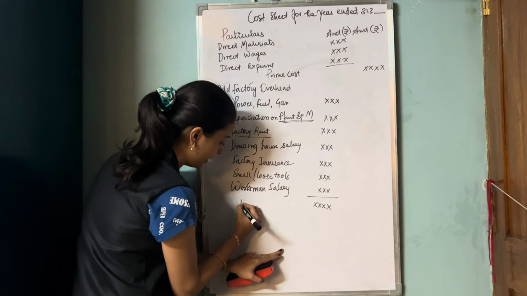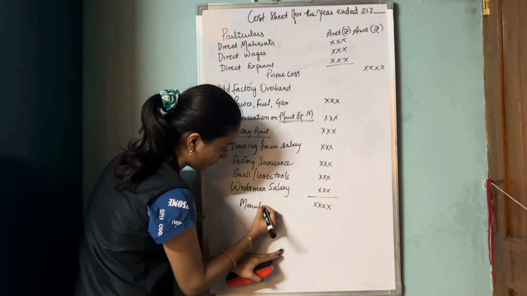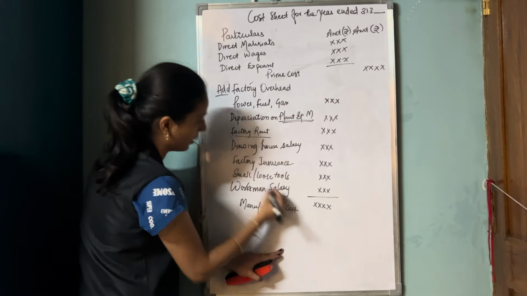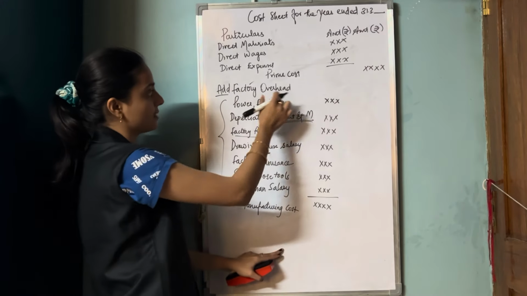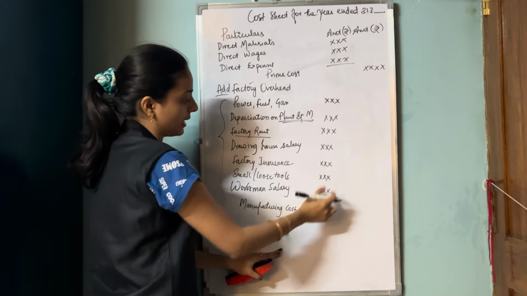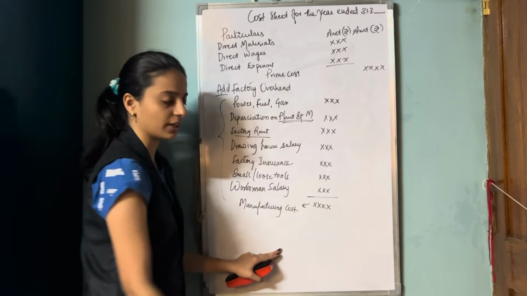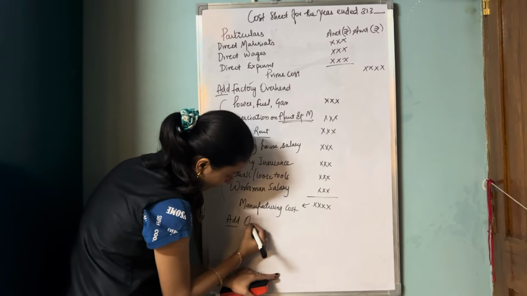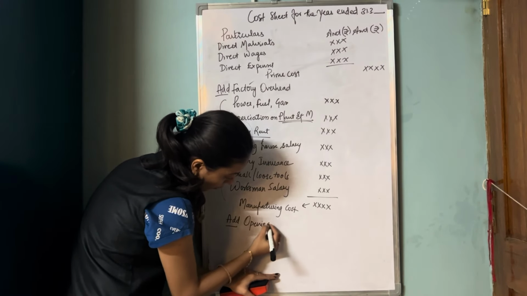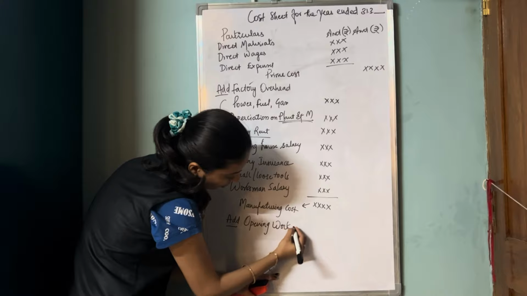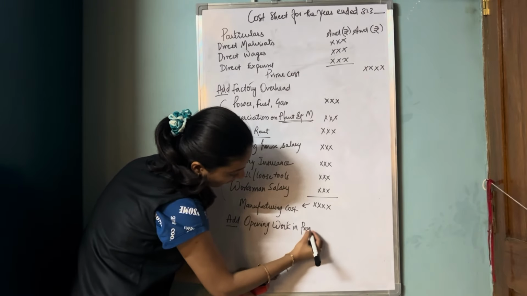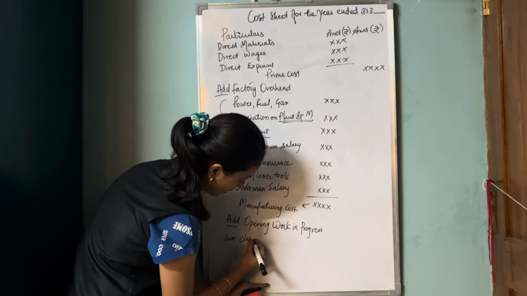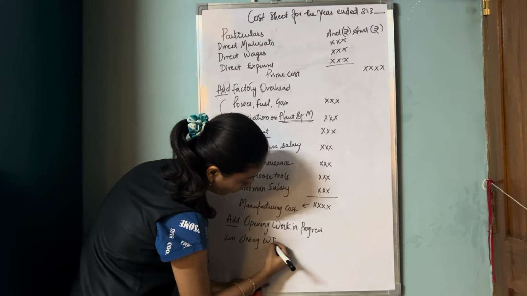Whatever total you get is nothing but manufacturing cost. Only these totals you do. That total is manufacturing cost. To this, you have to add opening work in progress, less closing work in progress.